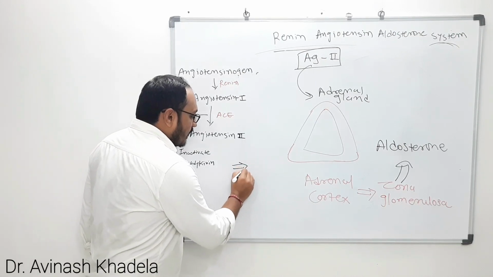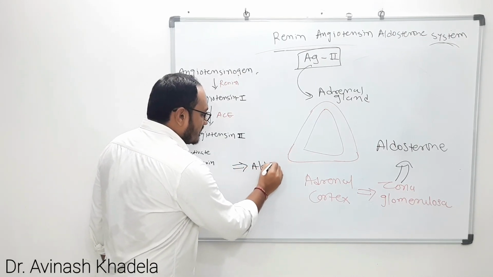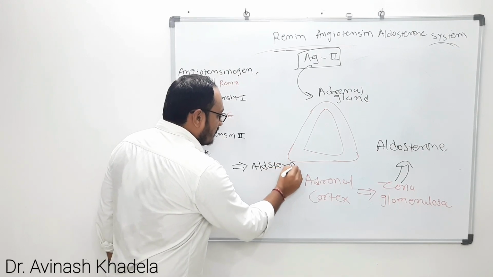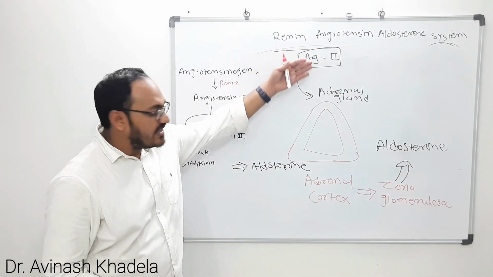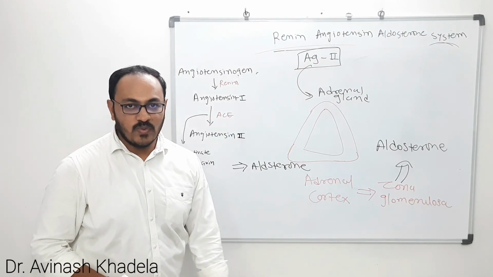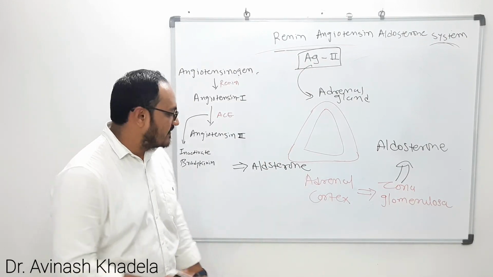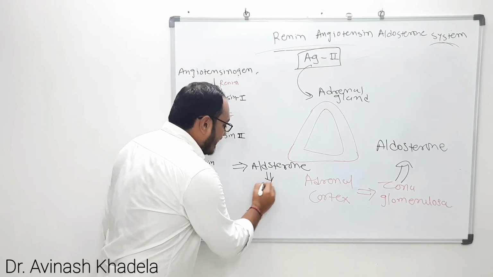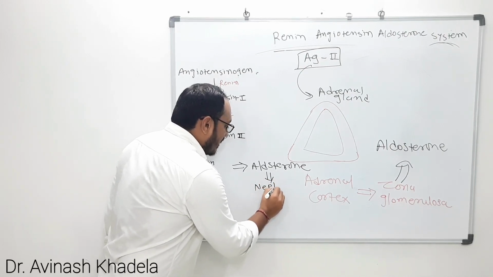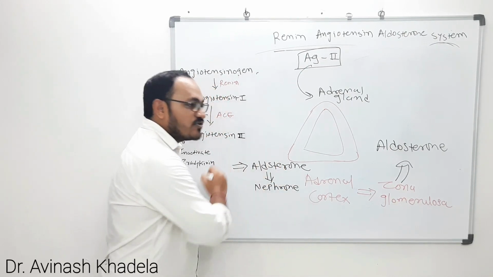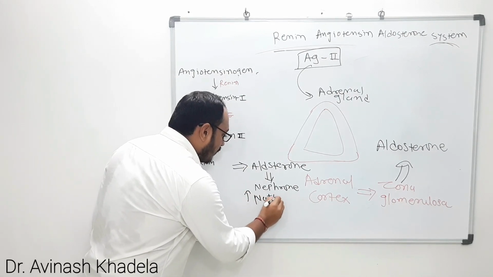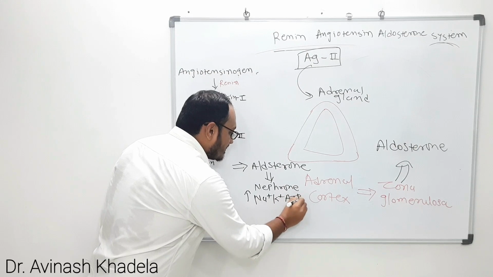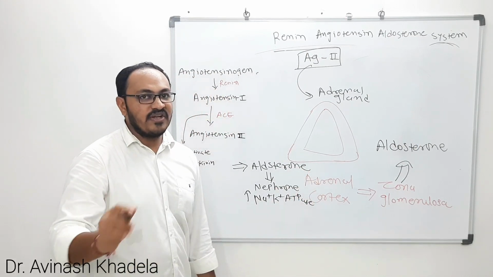This aldosterone, which is secreted through the angiotensin 2 mediated consequences from the adrenal cortex, will go and act on the nephron. It will increase the sodium potassium ATPase concentration in the nephron.